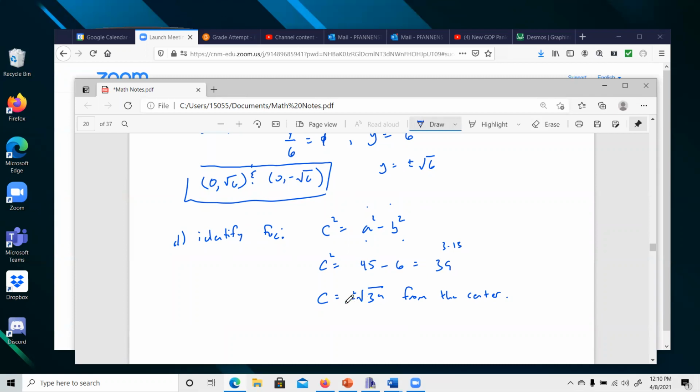I wouldn't expect people to do it as an answer to a test question. But if the center was somewhere else, you have to realize the foci are root 39 away from the center. Again, it says list them as an ordered pair. So we're going to have square root 39 for the x part, and negative square root 39 in the other direction. So those are our foci.